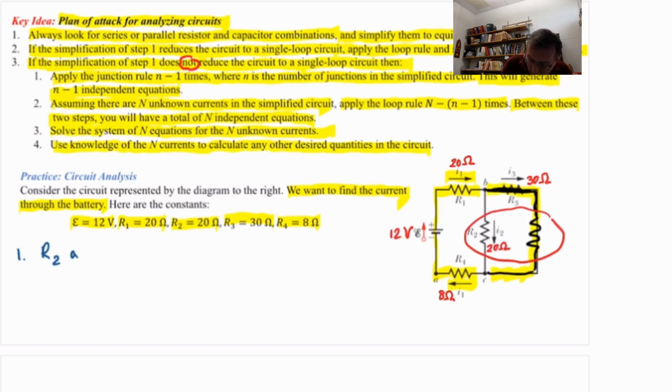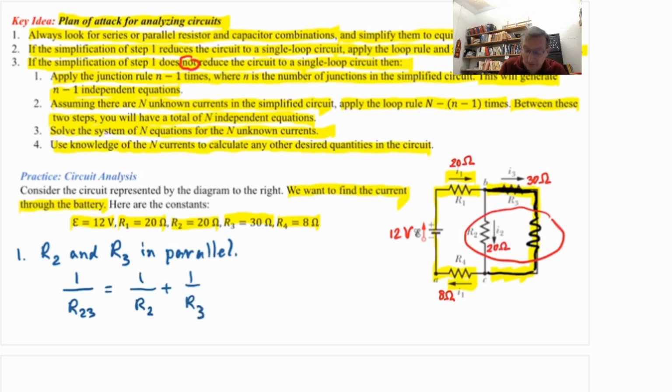R2 and R3 are in parallel. So we can find the R equivalent. I'll call it R23, using the parallel resistance rule, which is that inverse sum rule. So 1 over R23 is 1 over R2 plus 1 over R3.